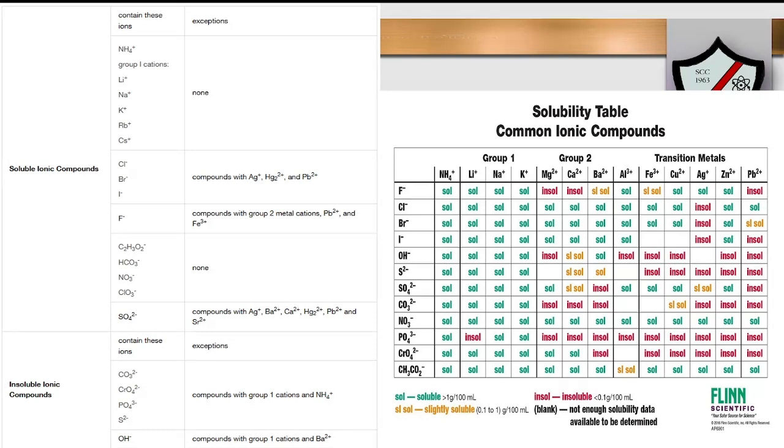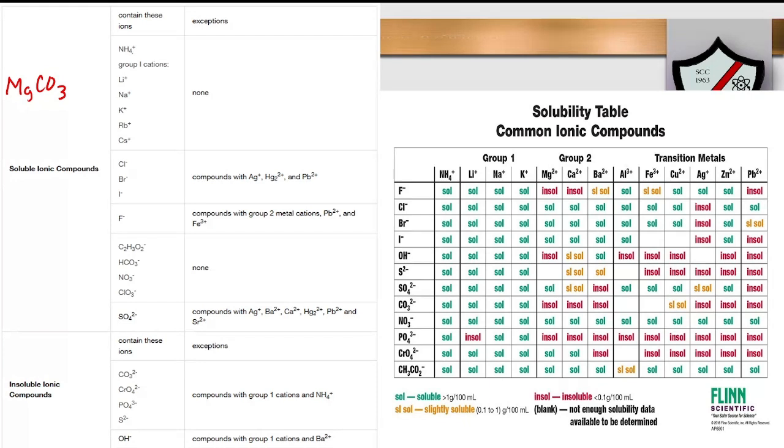So the question is whether or not MgCO3, the formula for magnesium carbonate, is soluble in aqueous solution. Using this table, I may start to filter down through the ions that are listed until I run into either the magnesium ion or the carbonate ion, and see where that falls on the chart.